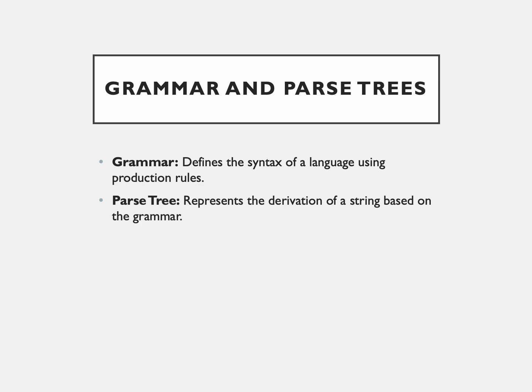The parse tree helps the compiler understand the hierarchical structure of the code, which is crucial for tasks like type checking and code generation. And by combining grammar and parse trees, syntax analysis ensures that every piece of code adheres to the programming language rules, avoiding ambiguity and errors in program execution.